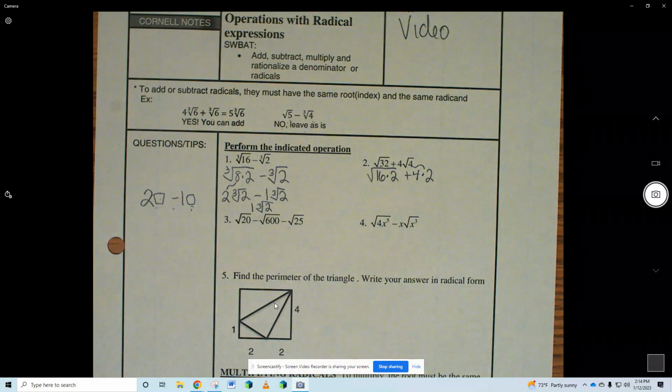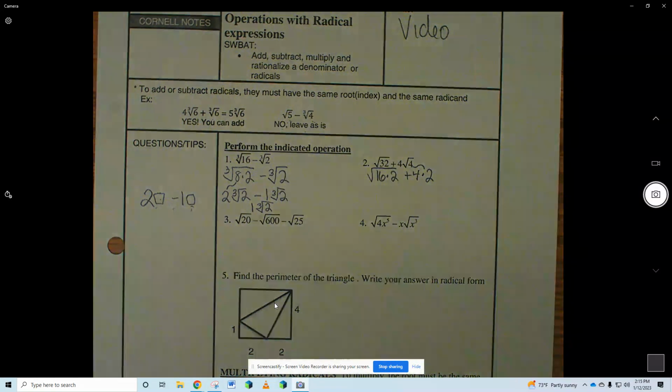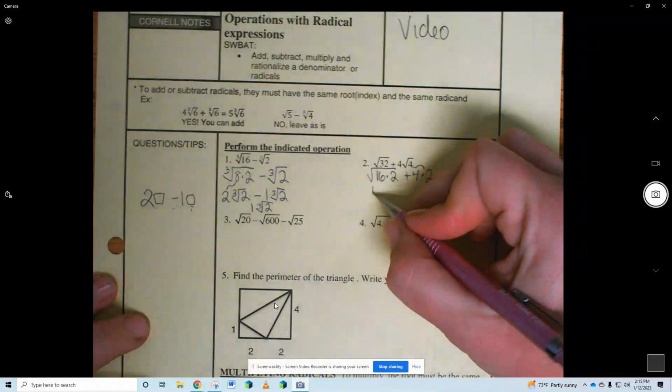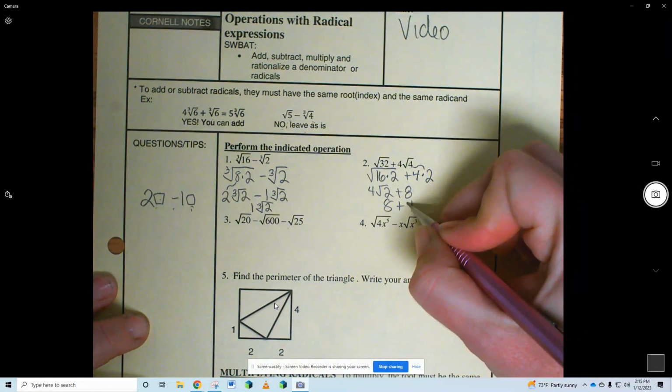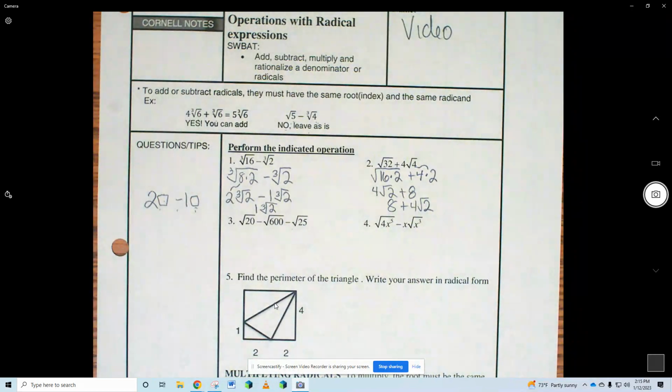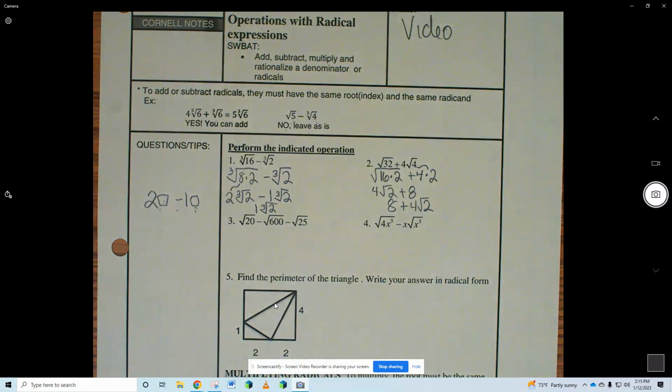This is just going to be 4 rad 2 plus 8. And really the 8 needs to be in front. 8 plus 4 rad 2. Proper formatting, the square roots go at the end and a plain old number goes first. That's just a formatting rule for the order.